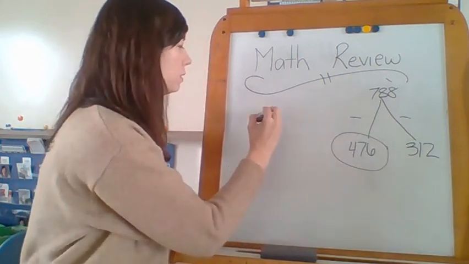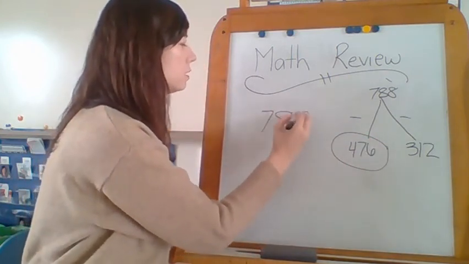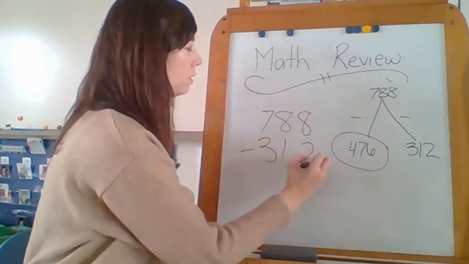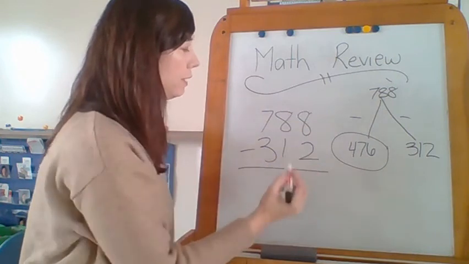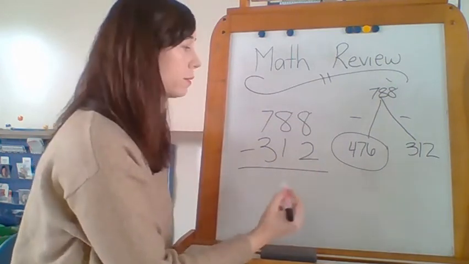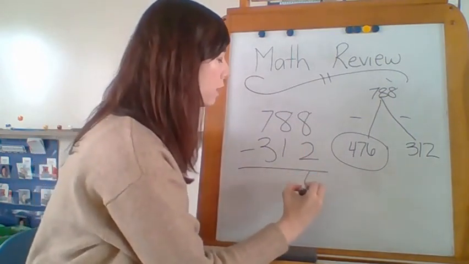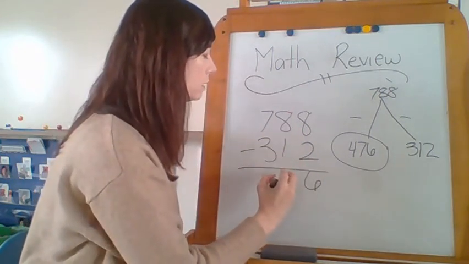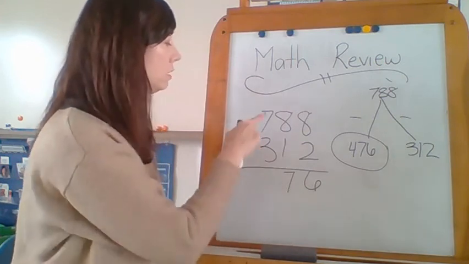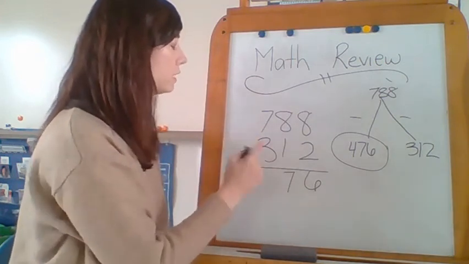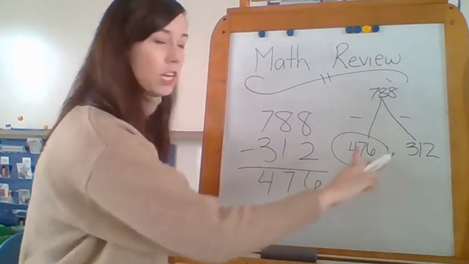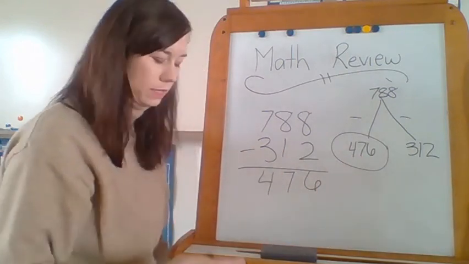Let's try that out. 788 minus 312. Okay. 8 minus 2, I can do that because 8 is bigger. So that is 6. 8 is bigger than 1. So 8 minus 1 is 7. 7 tens. And then 700 minus 300 is 400. I've checked my answer. It is right.